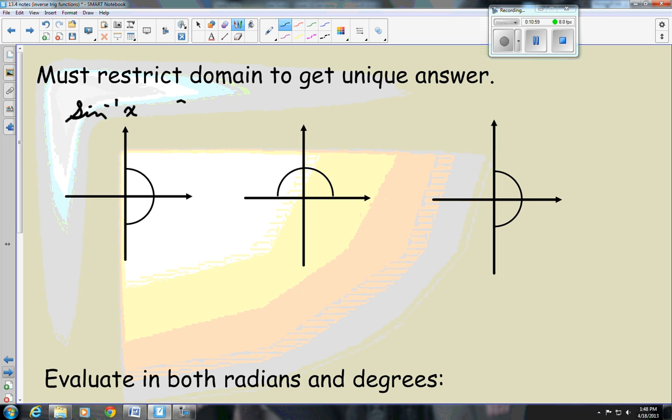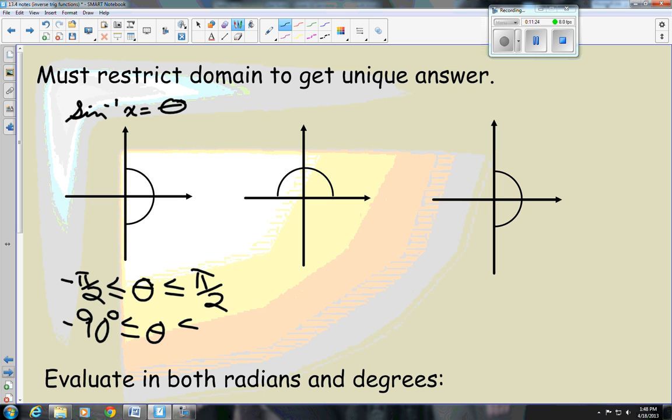My theta must be in either the first or fourth quadrant, and we use the negative values. So we go from negative pi over 2 to pi over 2. Or in degrees, between negative 90 degrees and positive 90 degrees. Inverse cosine.